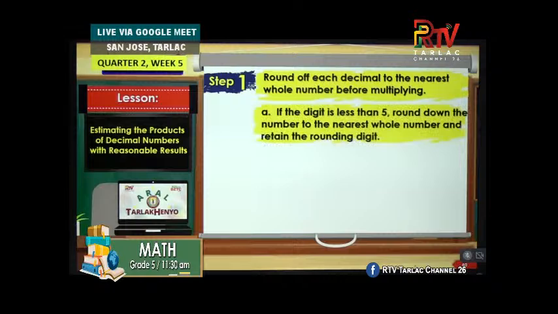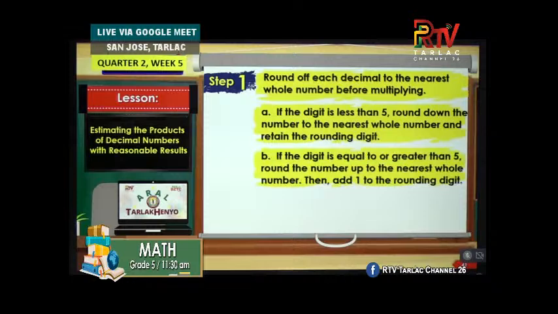In rounding off decimal numbers, we follow the general rule. First, if the digit is less than 5, round the number down to the nearest whole number and retain the digit you are rounding. Next, if the digit is equal to or greater than 5, round the number up to the nearest whole number.